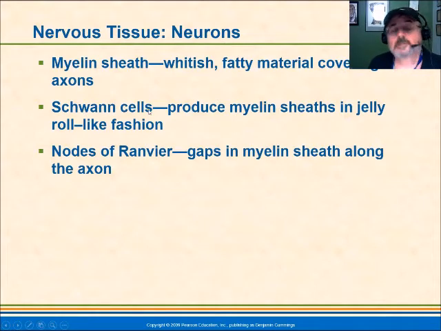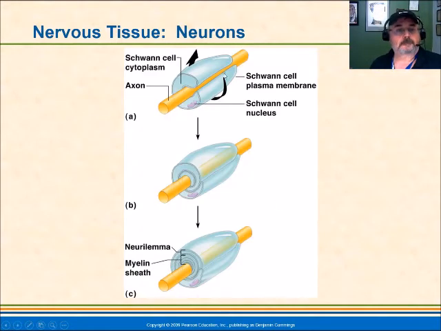Schwann cells, located in the peripheral nervous system, do this in sort of a jelly roll-like fashion, and there are gaps between called nodes of Ranvier. And it is basically the nerve signal hopscotching over the nodes of Ranvier, which allow the signal to move faster. Basically, Schwann cells allow much faster transmission.